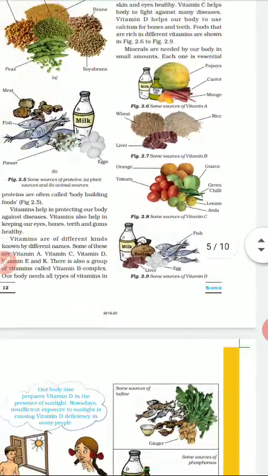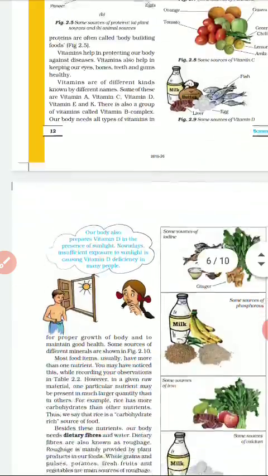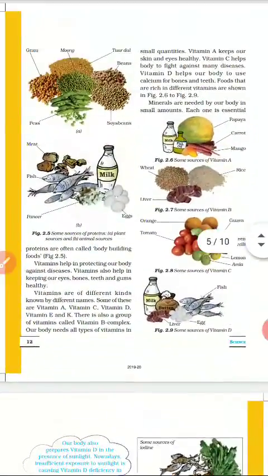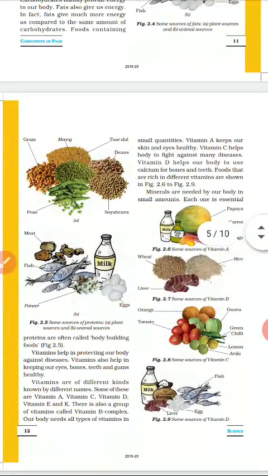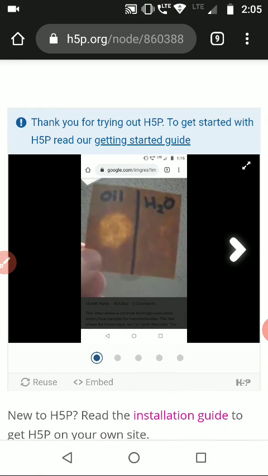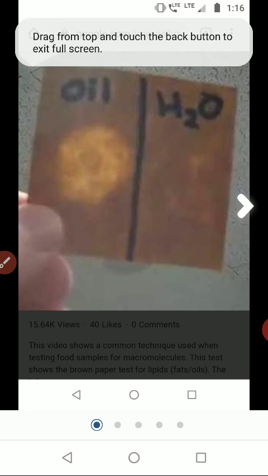Let us move further here. In this video we will be understanding only up till page number 12, that is pages 11 and 12. So let me show you one. This is a test for oil, which I have told you about, but I had to show you how it looks.